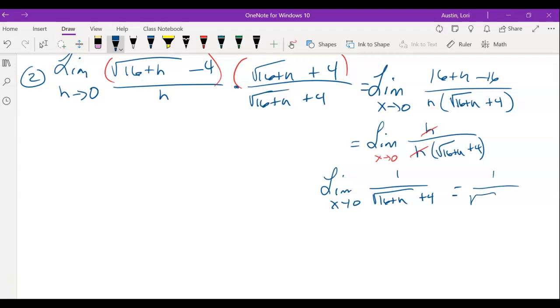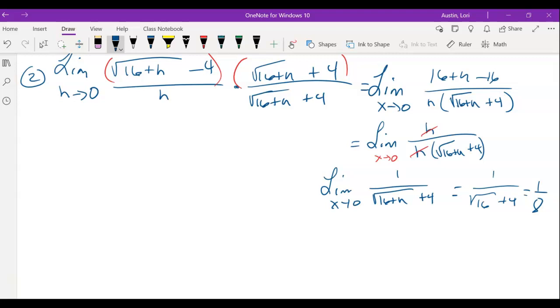What's 16 plus, yes, question? Yeah, 16 plus nothing. So it's basically 1 over the square root of 16. I don't need to rationalize it because I can take the square root of 16 now. Does everybody see that? The square root of 16 is 4, so 1 over 4 plus 4. There it is. That's not undefined.